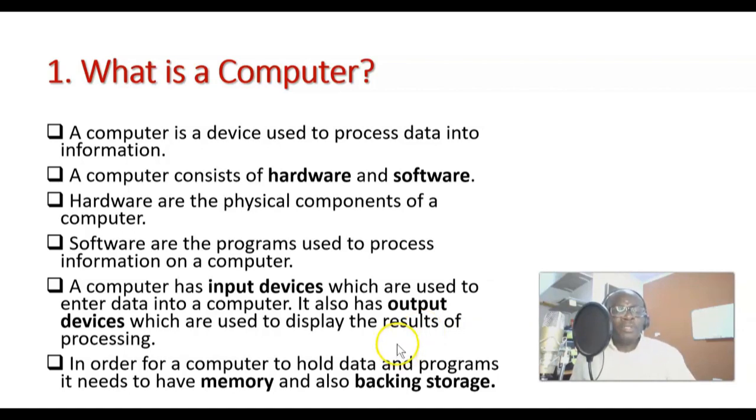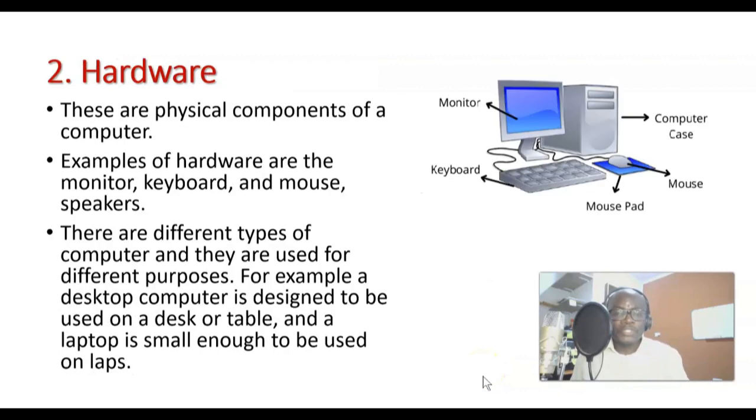In order for a computer to hold data and programs, it needs to have memory and also backing storage. Now, let us move on and look at hardware in detail.